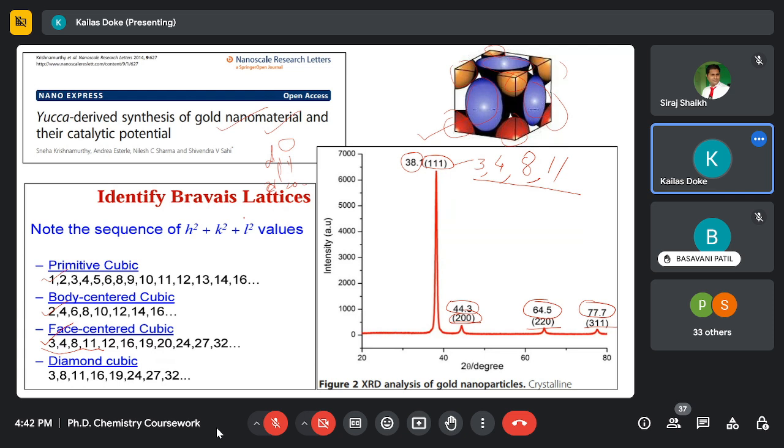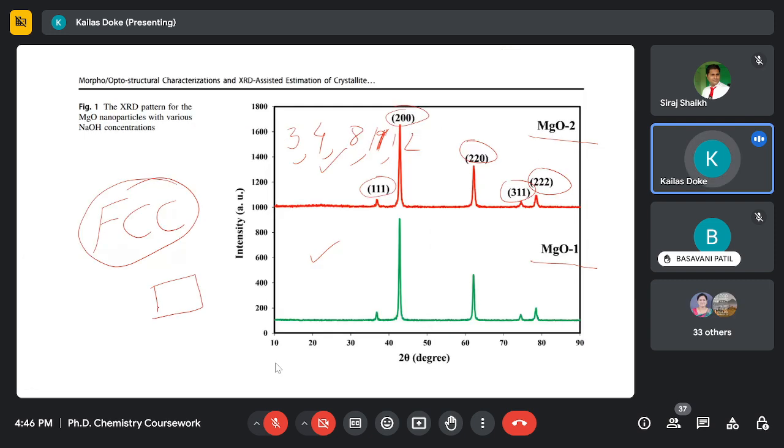Yes, sir. Okay. Further, they analyze the average size, because this is not single crystal XRD. Single crystal XRD gives the exact size, but in powder XRD, we get the average size. So we can use a mathematical or physics equation to determine the average crystallite size of these nanoparticles.